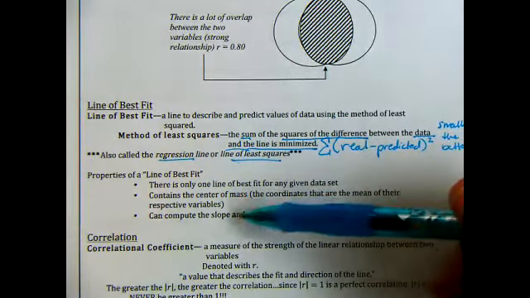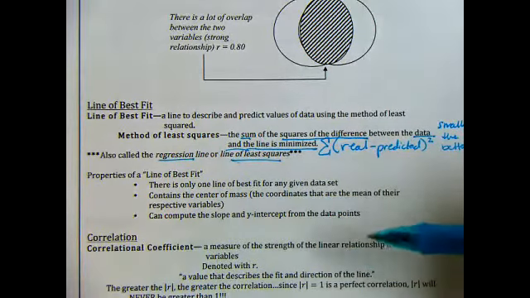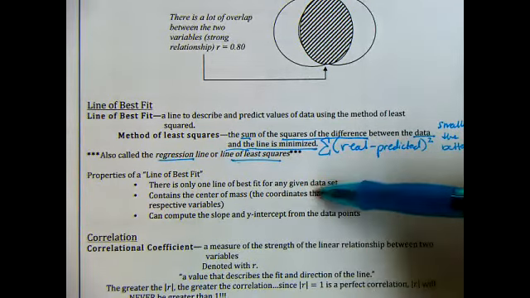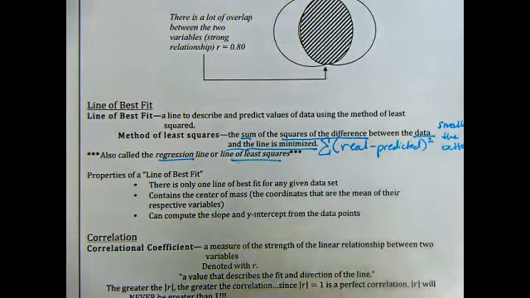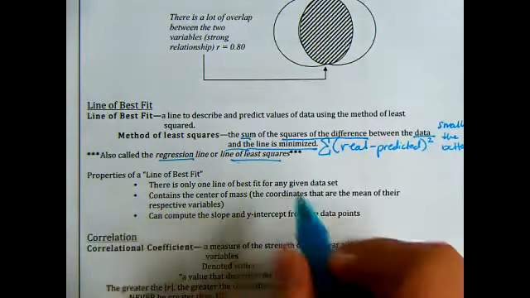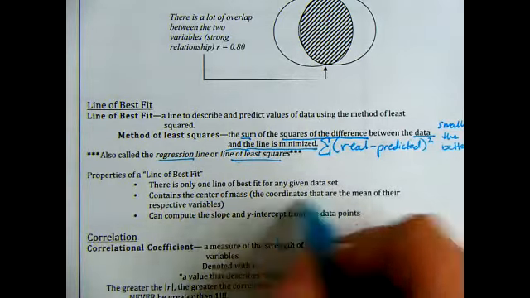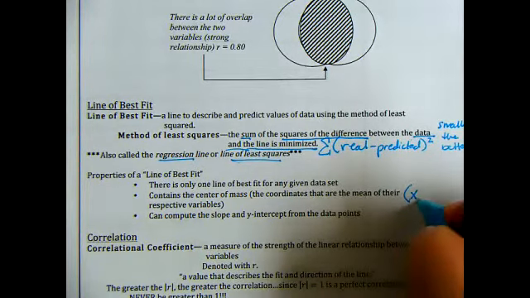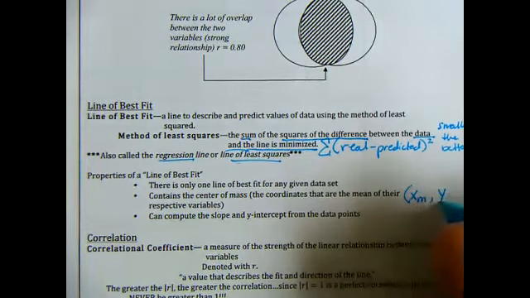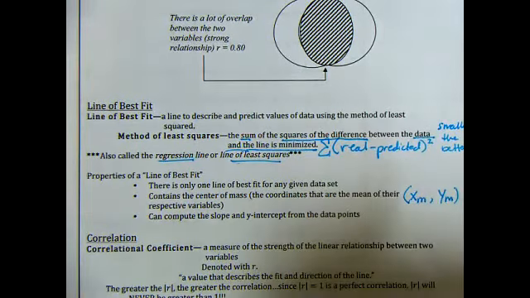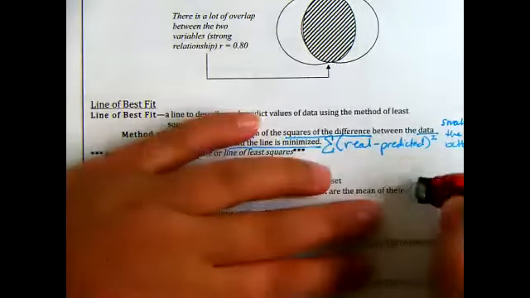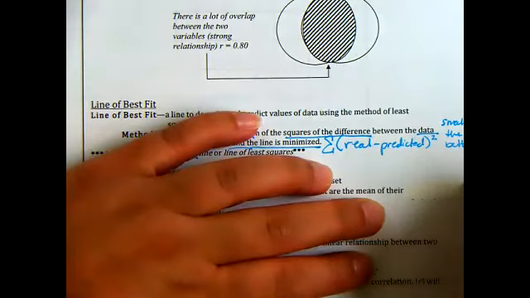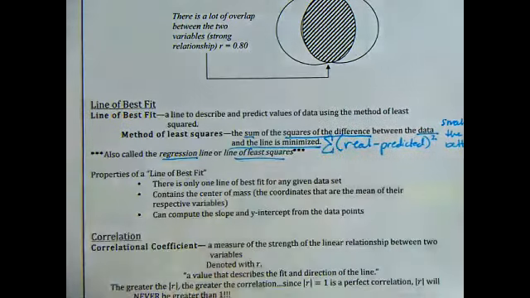The line of best fit contains the center of mass, meaning it contains the coordinates that are the mean of their respective variables. So the line contains the x mean and the y mean. Oh, that looks like x midpoint, y midpoint. Hold on, that's really bad notation. Don't write that. There's better notation for this, guys.